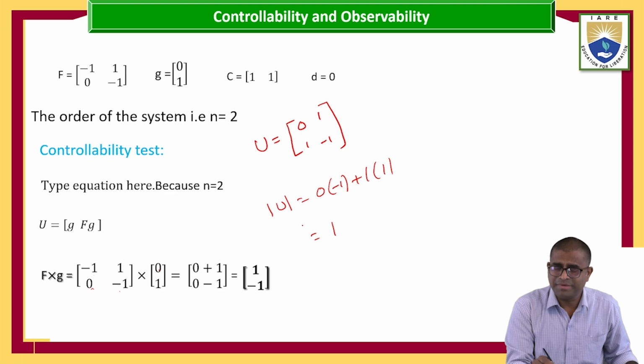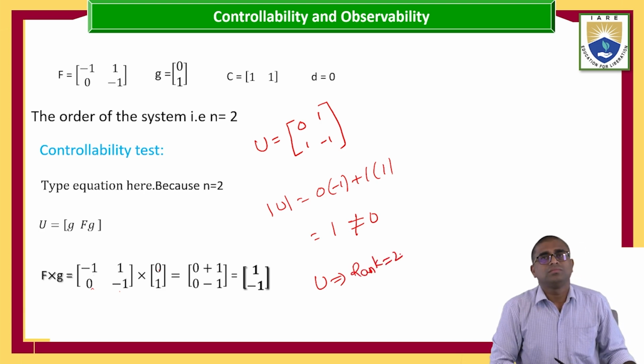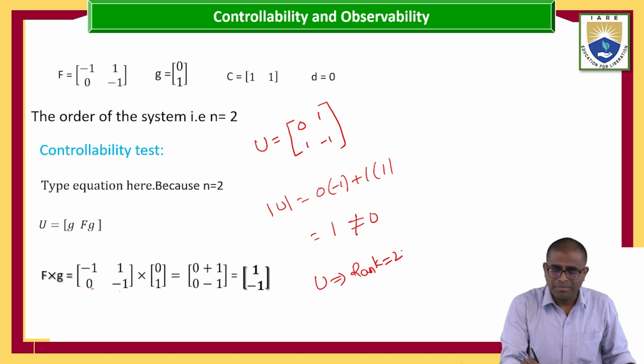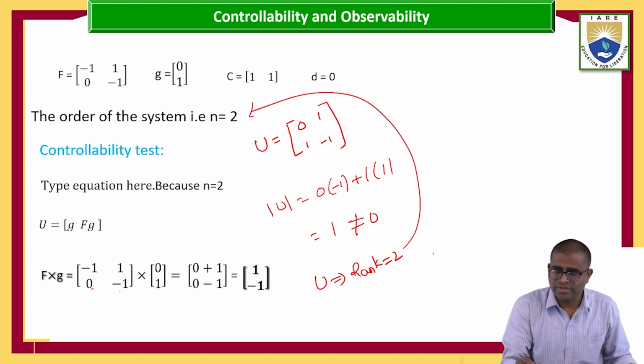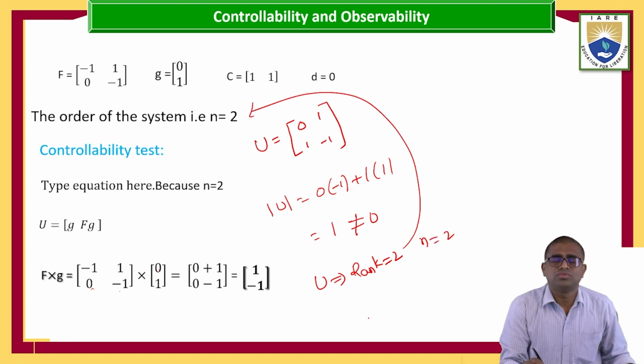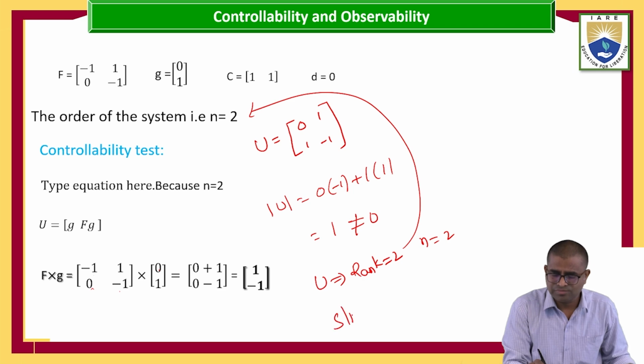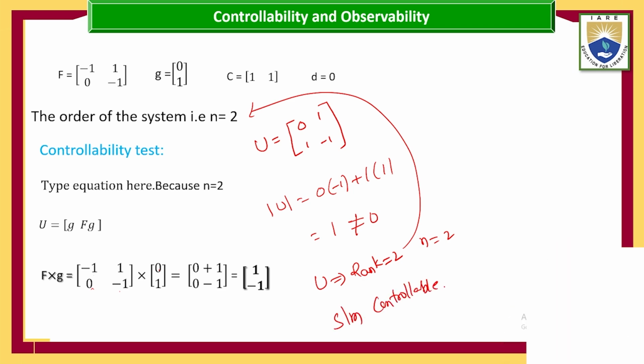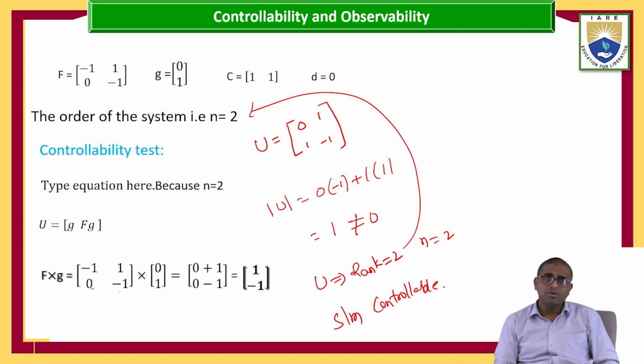The determinant is not 0, so the rank of U is 2. Does it match the order? Yes, n is also 2. So the system is controllable. This is the procedure you have to follow.